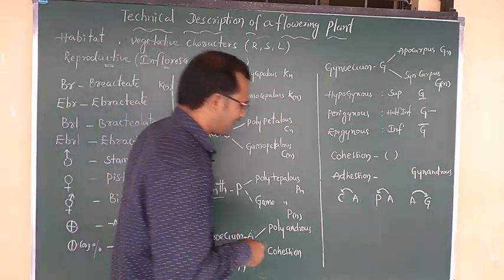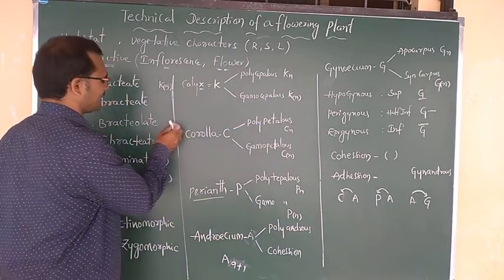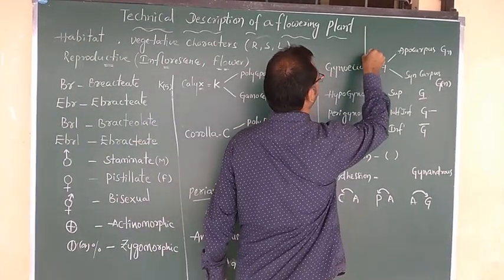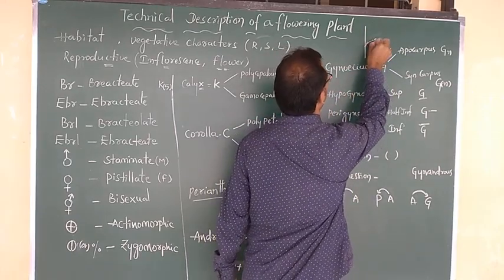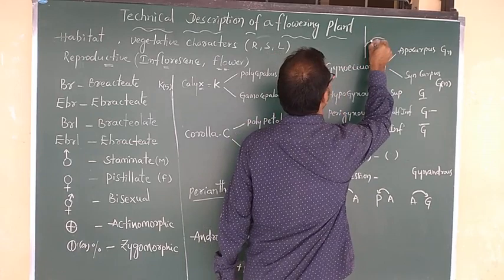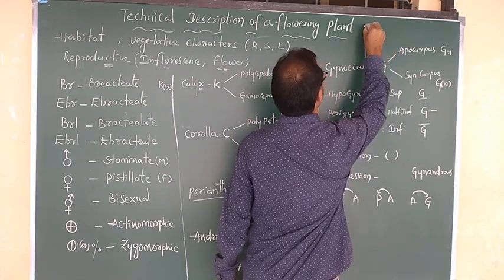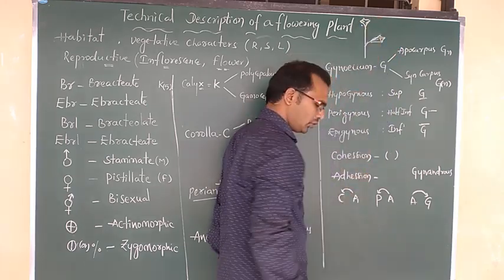And the last one is, for example, if you take one plant, this is one plant, and this is one flower. Maybe a flower like this, or maybe a tip flower like this. Two possibilities.